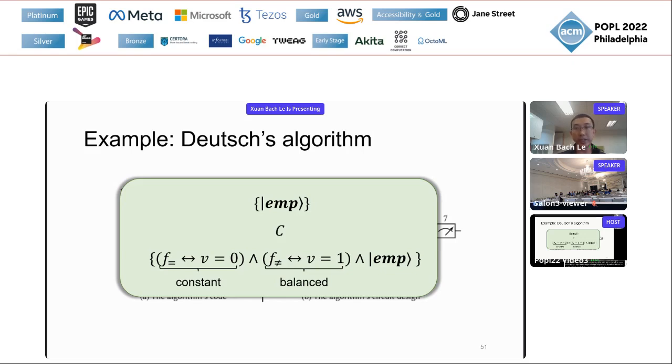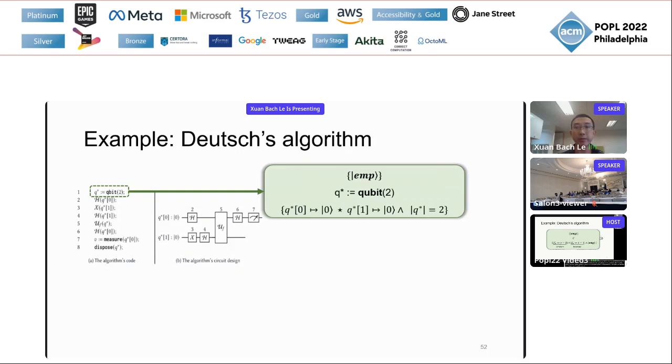And the postcondition indicates that f is constant if v is 0 and f is balanced if v is 1, where the classical variable v stores the outcome of the measurement. In the postcondition we also have the empty heap because of the deallocation at the end.